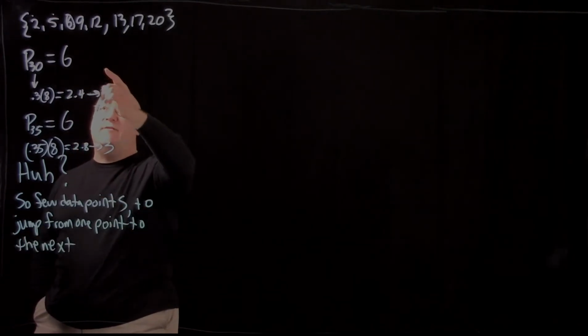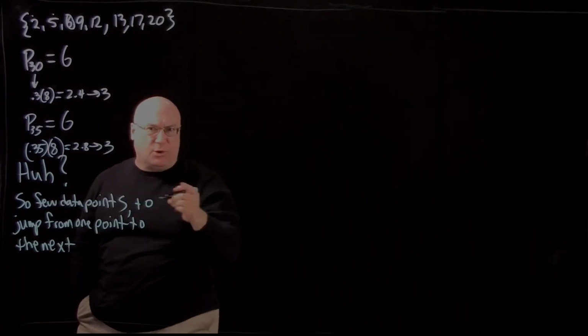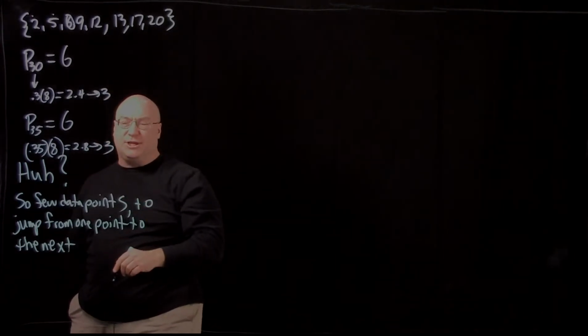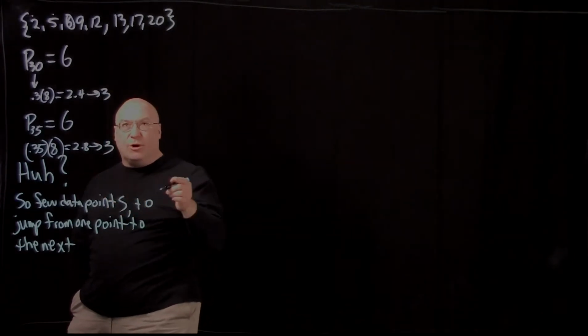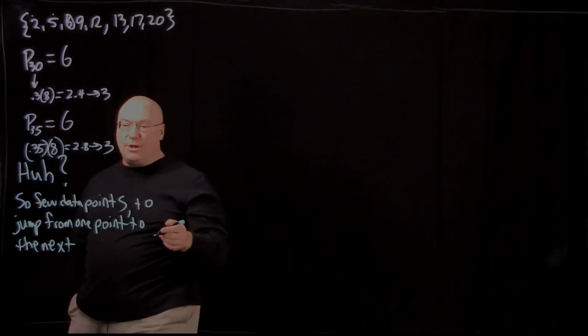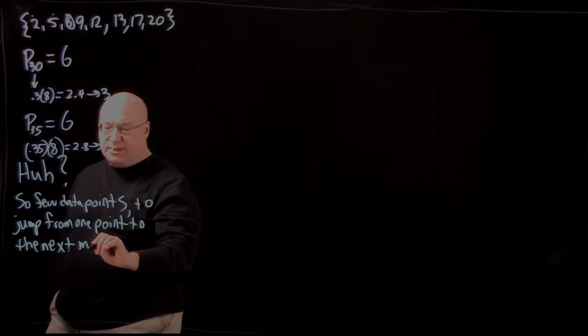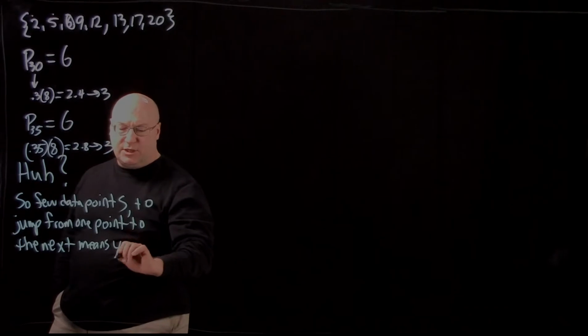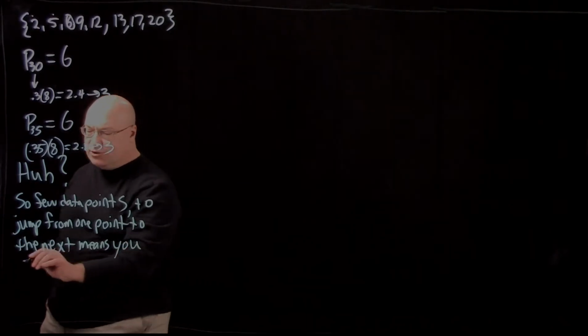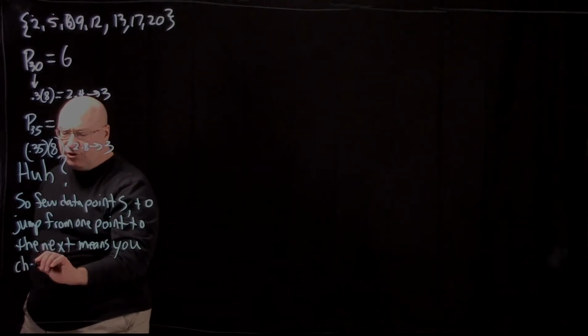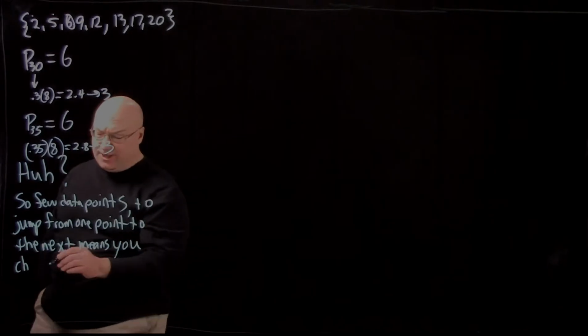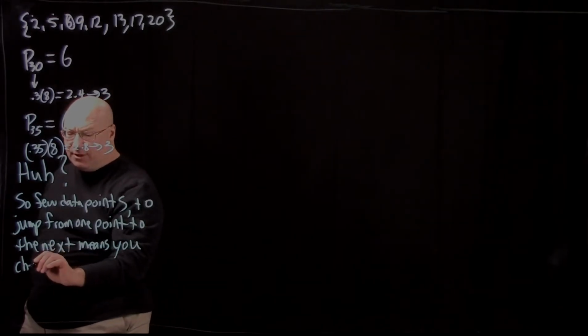I didn't say it, but I already have them in order, right? You have to have them in order to do these calculations and get the right number. So if they're in order from smallest to largest, to jump from one point to the next means you jump over a lot of percentage value, right? Let me just say it like that.